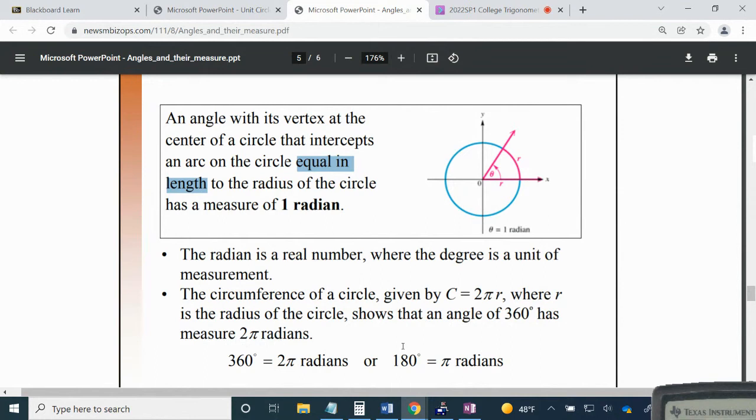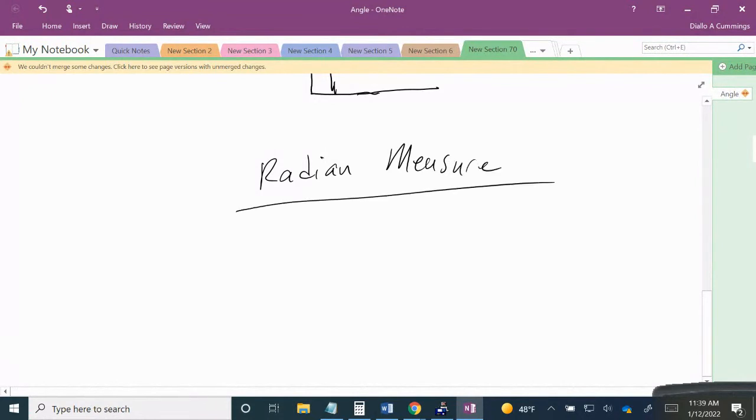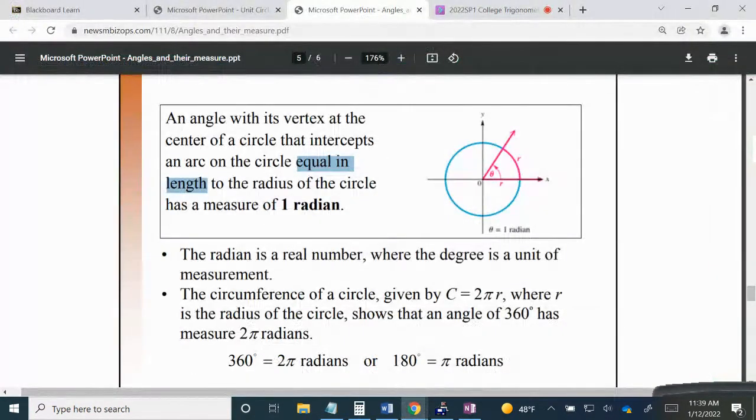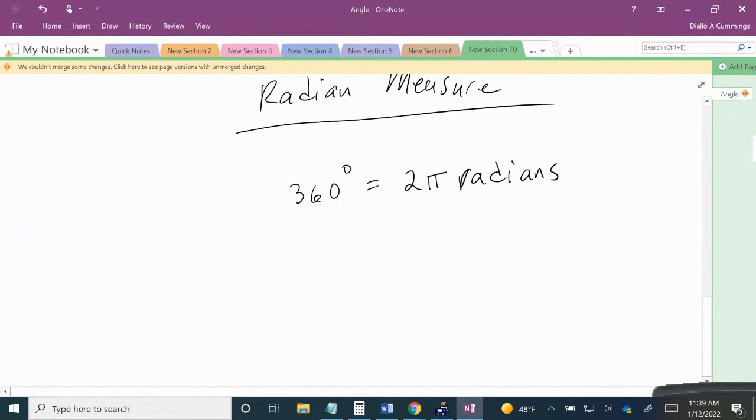So I'm going to go back to OneNote for just a second. So 360 degrees is equal to 2 pi radians. I'm going to solve this for radians.